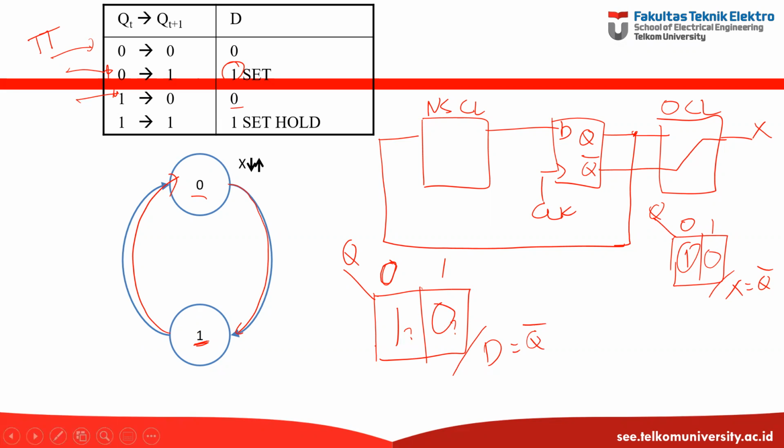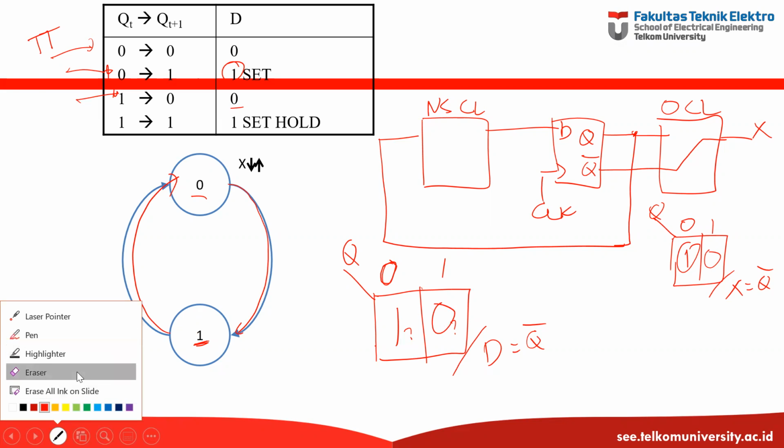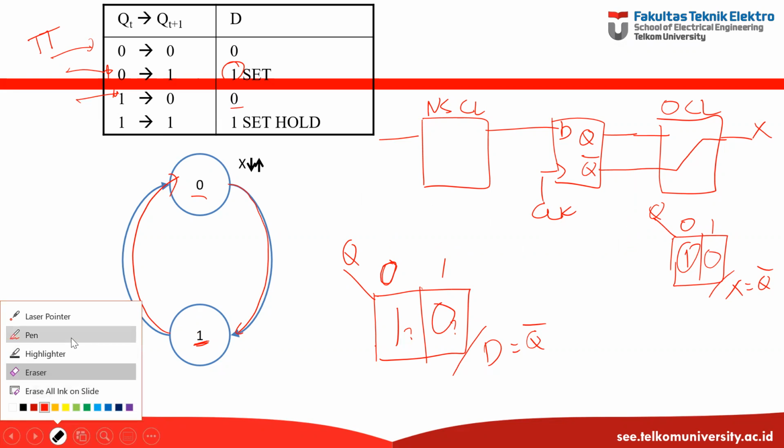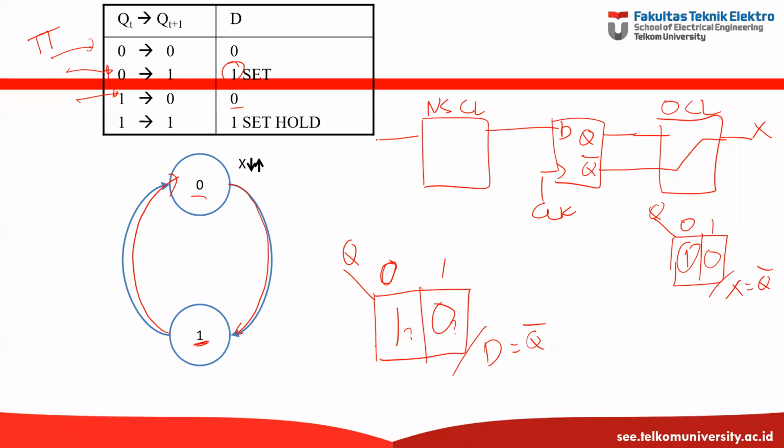So the circuit will be very simple. D comes from Q naught. So we're done.